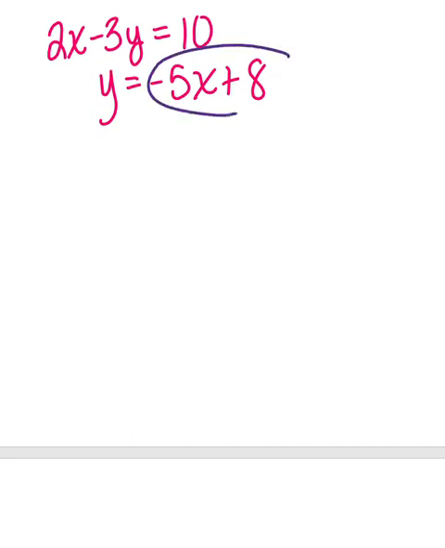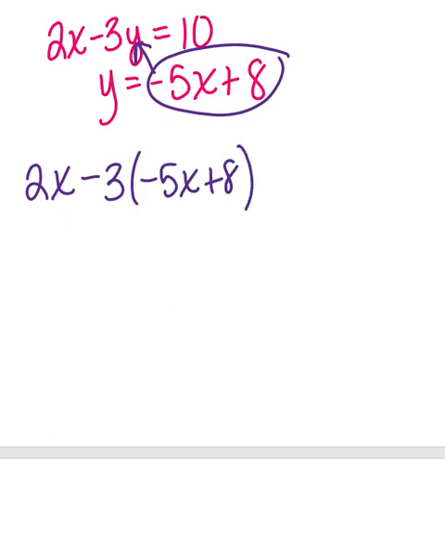So I'm going to take this expression and plug it in for y. I would do the same if I had an equation solved for x. I would take the expression and plug it in for the x, but here it's for y. So I would write then 2x minus 3, not y, the quantity negative 5x plus 8 equals 10, because it was 2x minus 3y, and now I'm saying y is negative 5x plus 8.